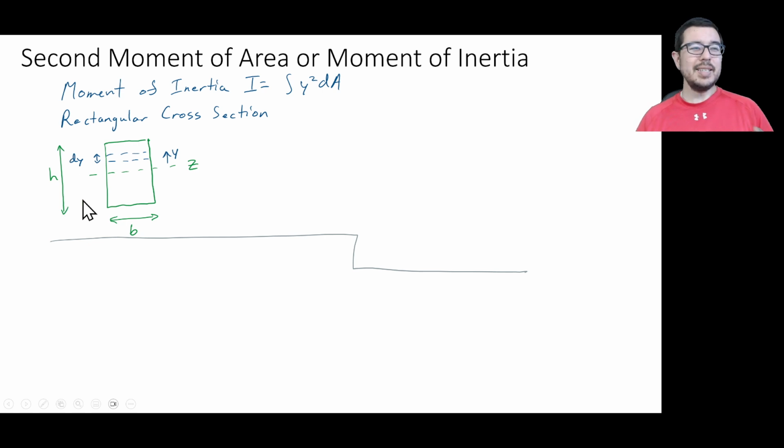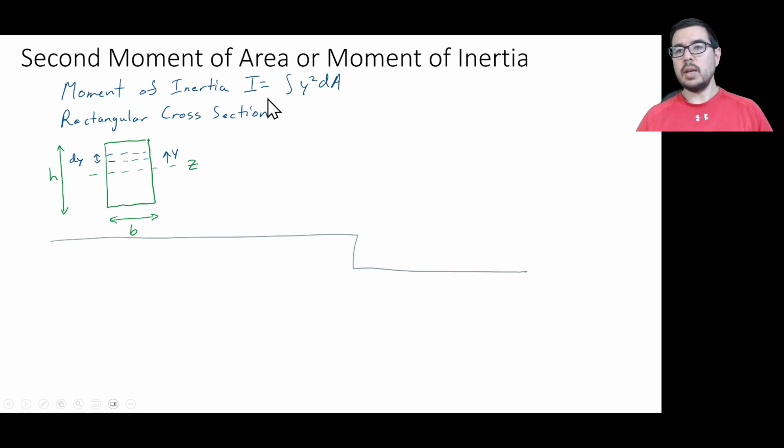This is not to be confused with what we've been discussing as c, which is usually given as the maximum distance from the neutral axis to the upper or bottom portion of the rectangle.